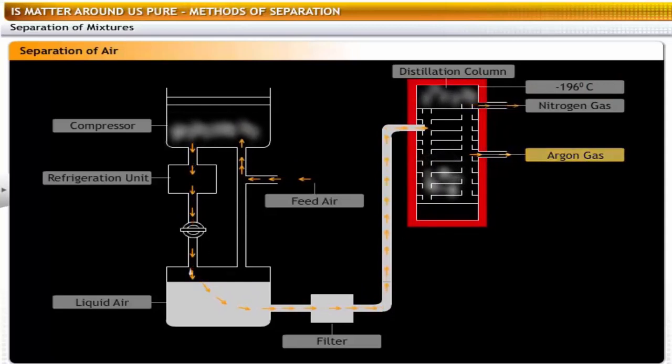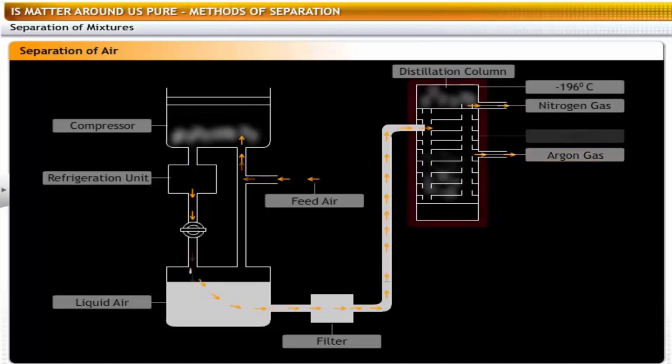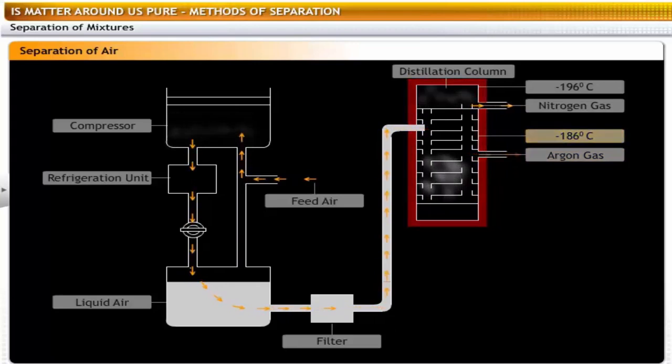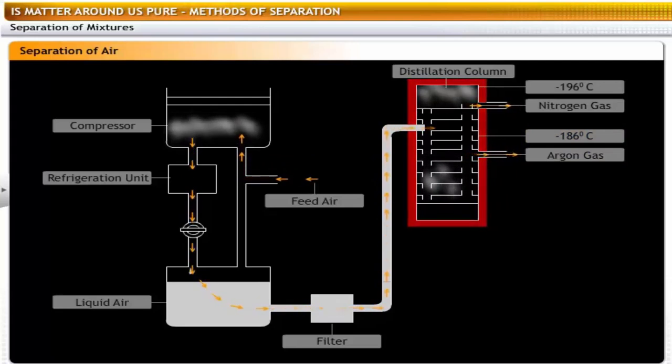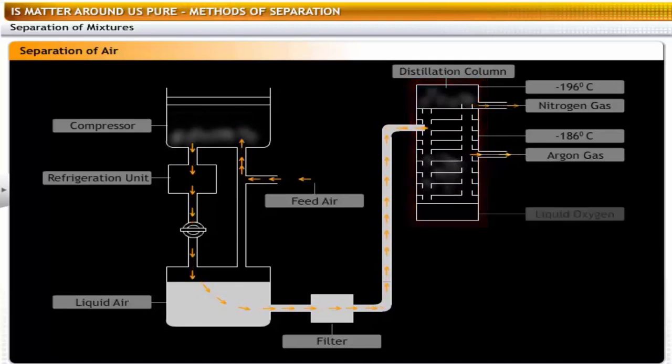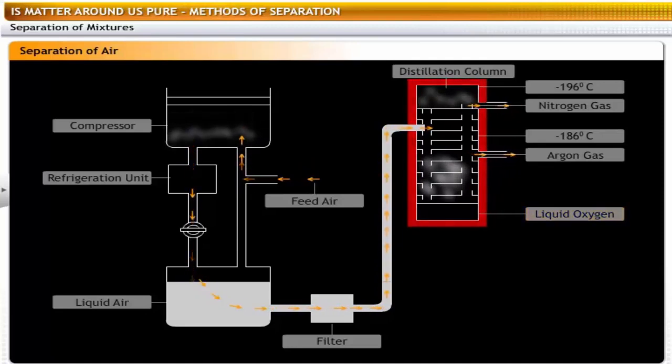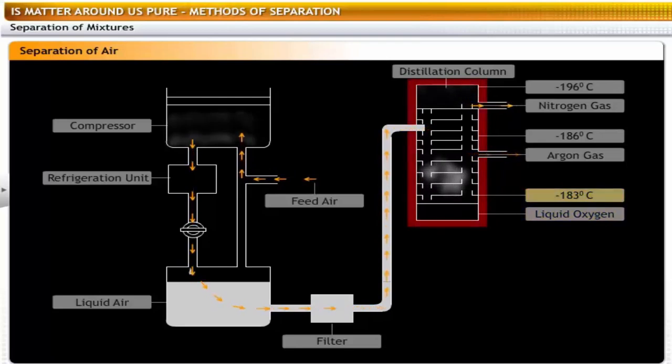Liquid argon has a slightly higher boiling point of -186 degrees centigrade, so it boils next. It collects as argon gas in the central part of the fractional distillation column. Liquid oxygen has the highest boiling point of -183 degrees centigrade.